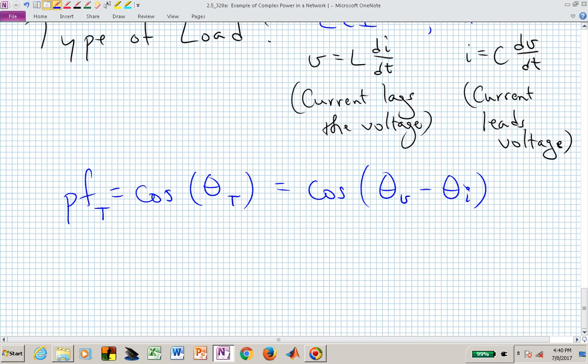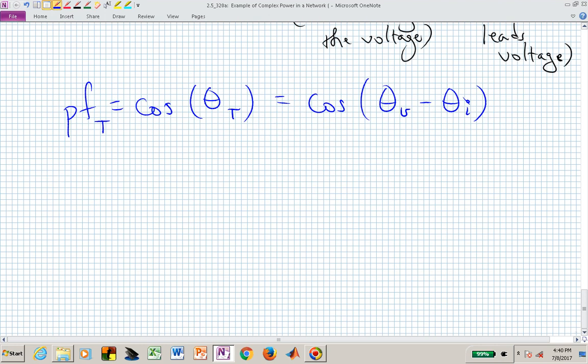Remember that angle theta is really an impedance angle.